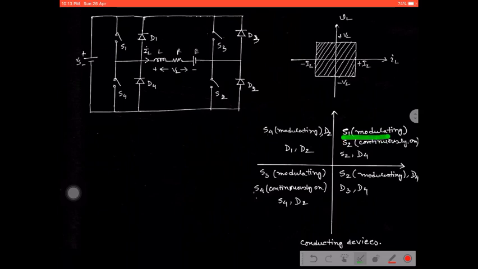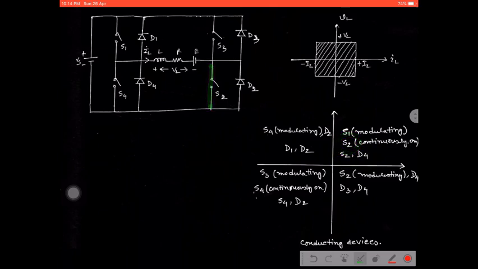That is why S1 is called modulating. And for this application, S2 must be closed during the discharging path, and it will discharge through D4 during the class A chopper. That is why S2 and D4 define the discharging path, and S2 is continuously on.